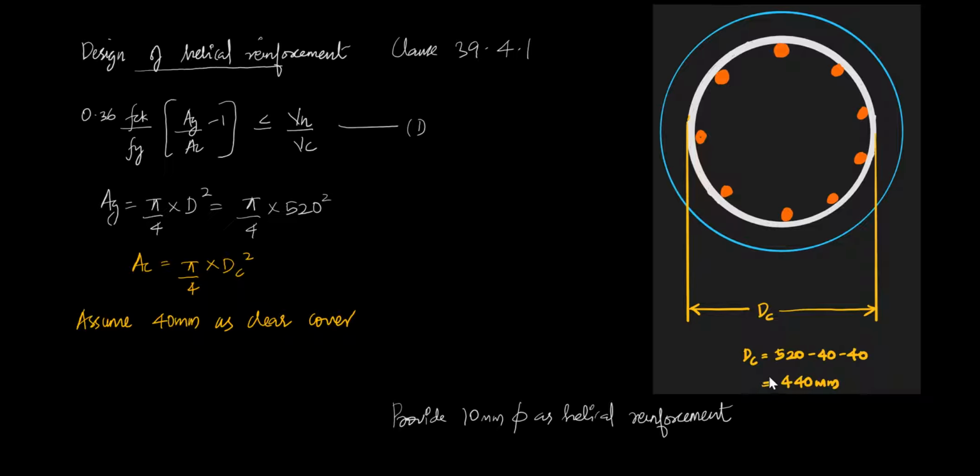So the diameter of the core is 520 minus clear cover from here and clear cover from here, that is 440 mm. So Ac is equal to pi by 4 into 440 square, that is 152053.08 mm square. So that is the value for Ac.